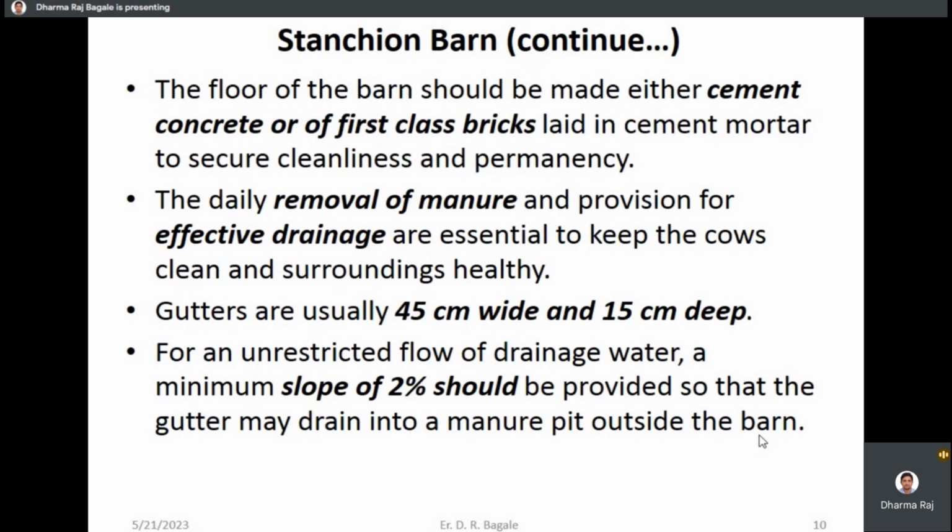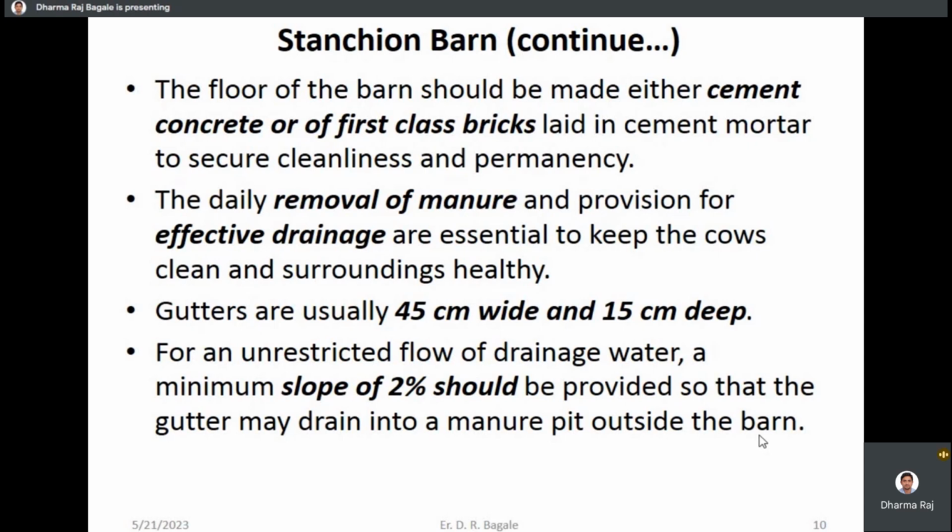And nowadays, in case of Nepal, we can see farmers are using rubber mats above this concrete flooring, because in case of concrete flooring we can encounter some slippage of the animal, and that will harm and injure the animal.